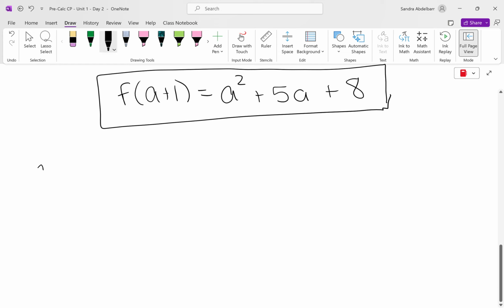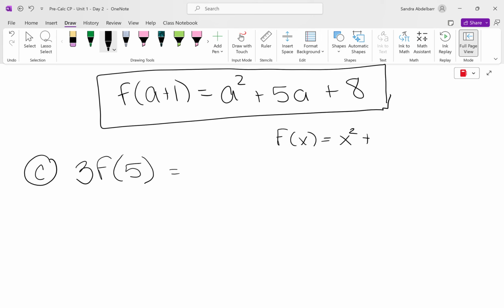All right, we're still sticking with the same function, but this time I want us to evaluate 3f of 5. This looks a little weird. Now remember, our function was f of x equals x squared plus 3x plus 4.